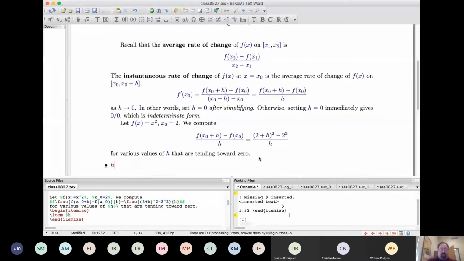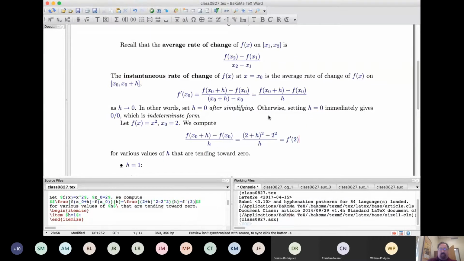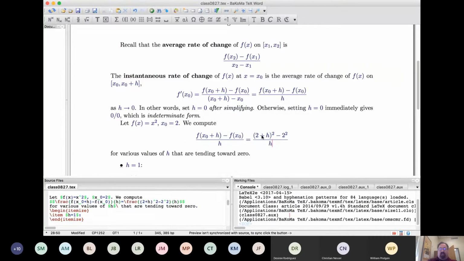First I'll say h equals 1, so something that's not very small. Based on this notation here, this is f prime of 2. Actually, no, it's not. Only as h goes to 0.